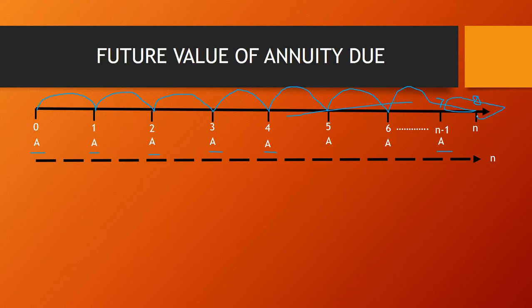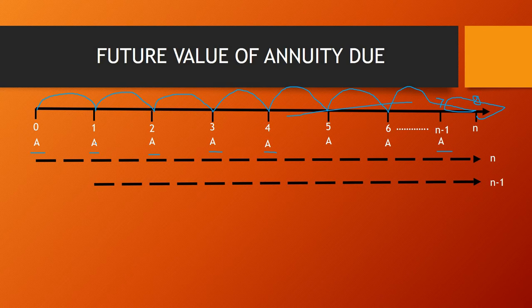So over here your 8 years are completing, so you are going to get the interest for nth period. Now if you are depositing the amount at the end of year 1, on this amount you are going to get the interest for n-1 period. Over here we have taken the example for 8 years, so n-1 means 7.